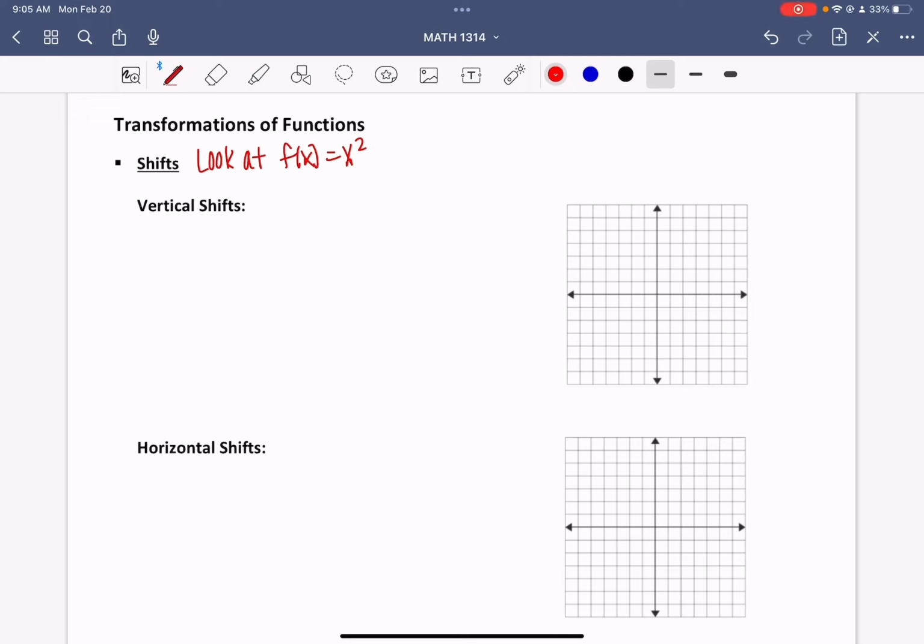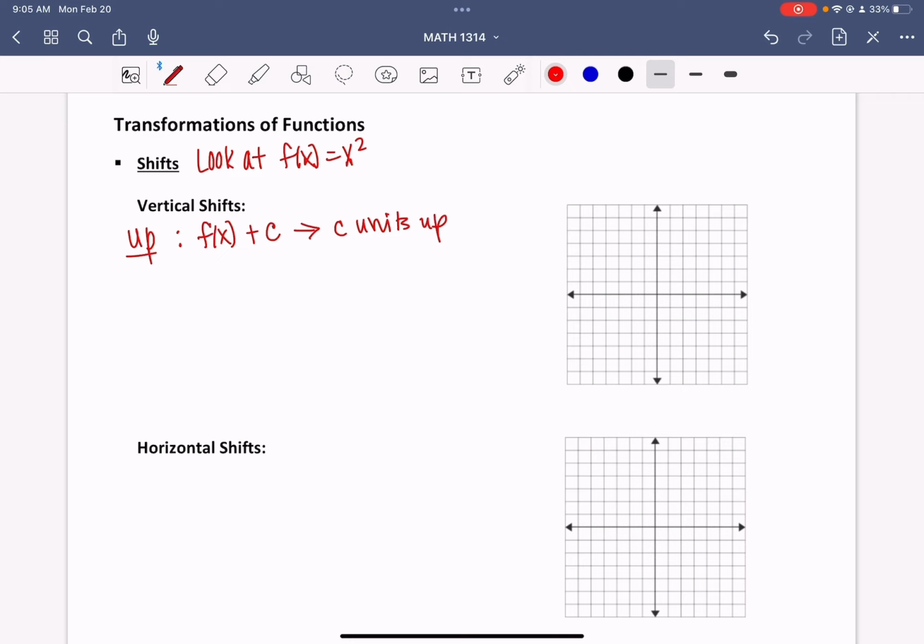A vertical shift is noted when you take your original function and then add some value to it. If I add the value to it, that's going to create a shift upward, and so it would go up by c units.